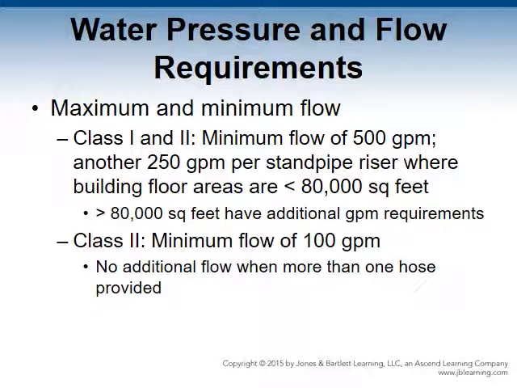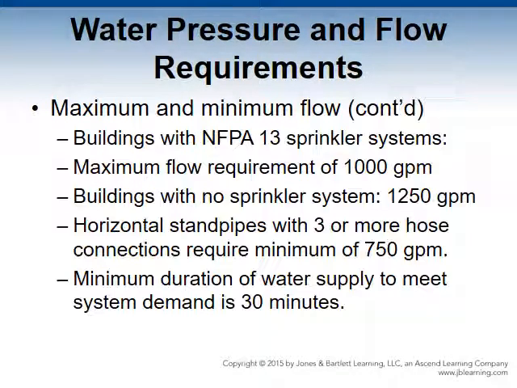Class 2 systems require 100 gallons per minute at the hydraulically most remote hose connection, with no additional flow required with more than one hose. Buildings with an NFPA 13 automatic sprinkler system have maximum flow requirements of 1,000 GPM.